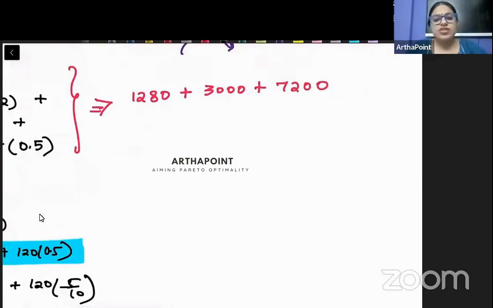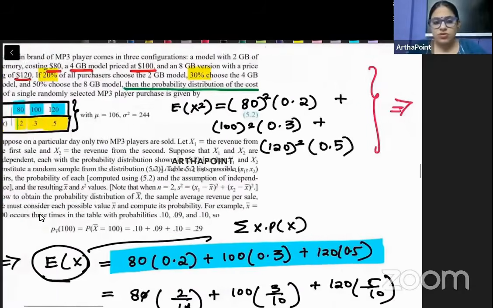Right, beta? So if I just add this together, 7200 plus 3000 plus 1280, this gives me 11,480.